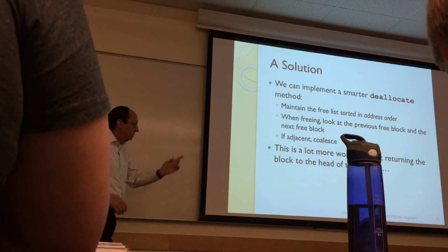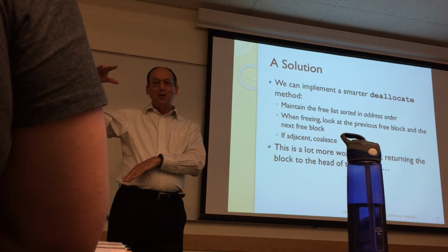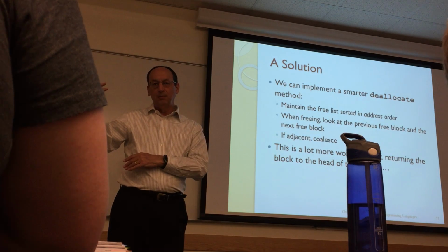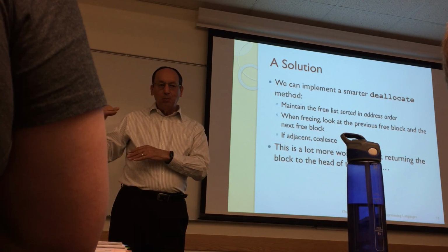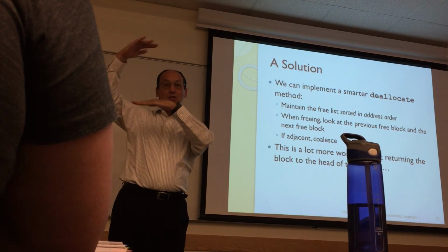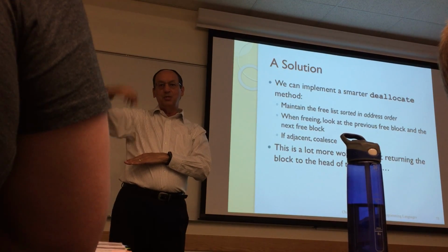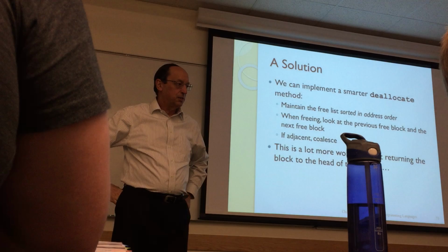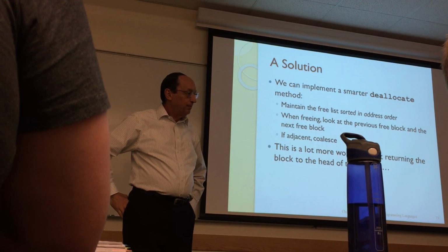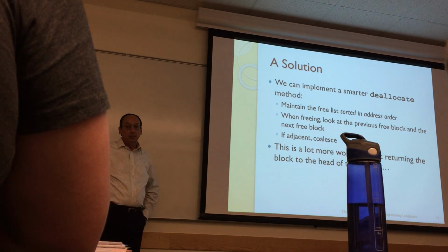Well, one way to do that is that we actually have a separate list that is kept with the beginning of all the blocks, and they're sorted in address order. And then we can go through all of the blocks, check their size, and see if their size makes them bump up against an adjacent free block. And if it does, we coalesce them and change the size to be the sum of the 2. But that's a lot of extra work, right? Well, these are things that have to be kept in mind with any project. It's just the way it is.